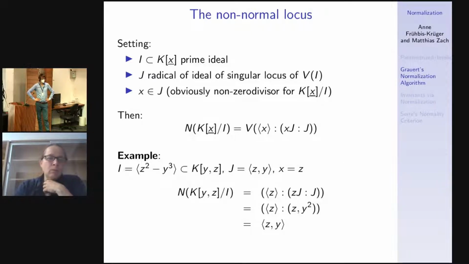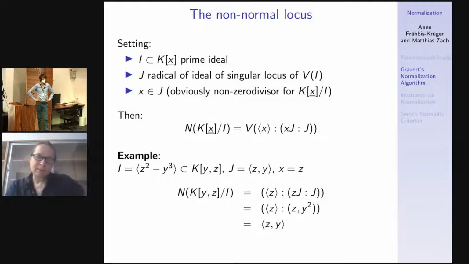And then we can say the non-normal locus of the polynomial ring modulo I is just the locus where the ideal quotient of X quotient with the original ideal quotient vanishes. In other words, it's just at those points, or prime ideals, however you want to see it, where our ideal quotient doesn't equal the ideal generated by X.